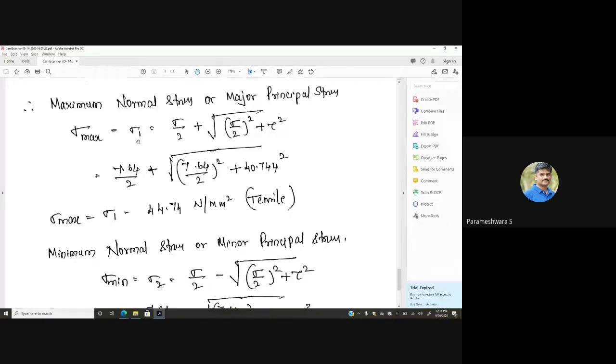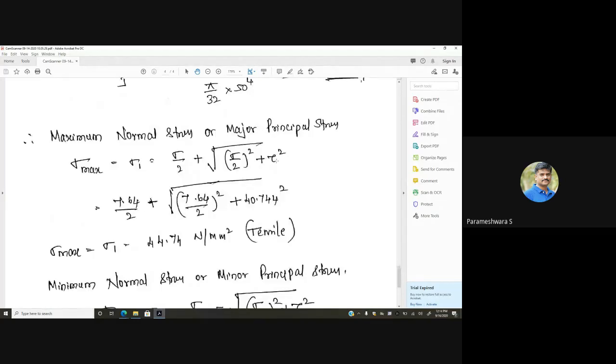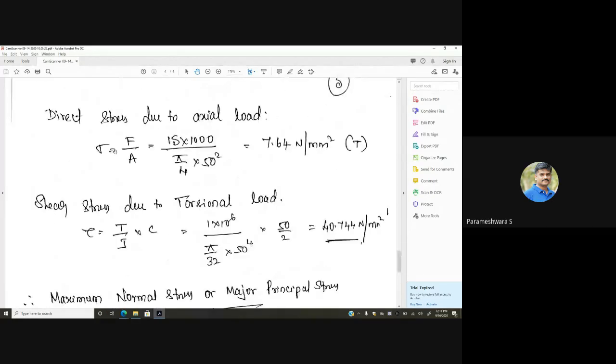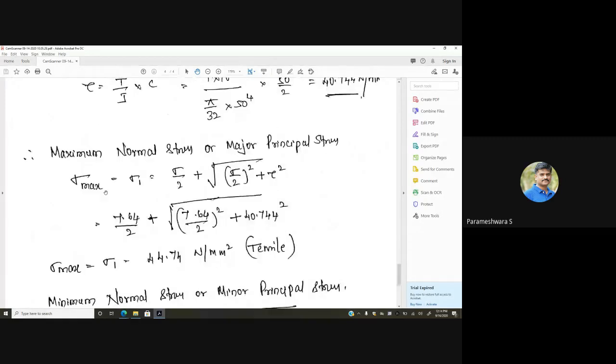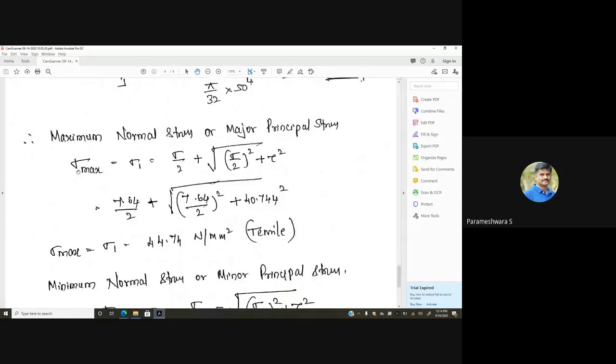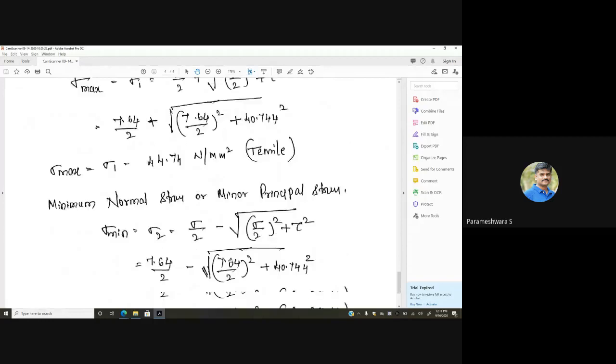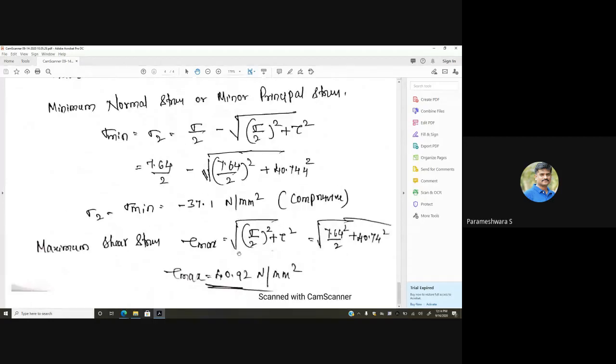Sigma 1 is equal to sigma over 2 plus square root of (sigma over 2) square plus tau square, where sigma is the normal stress 7.64 and tau is 40.744 megapascal. Just substitute these values into this formula so that I can calculate the maximum and minimum normal stress. And ultimately you can calculate the maximum shear stress using this formula.